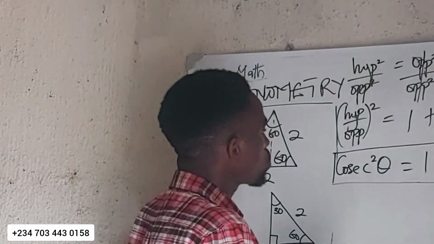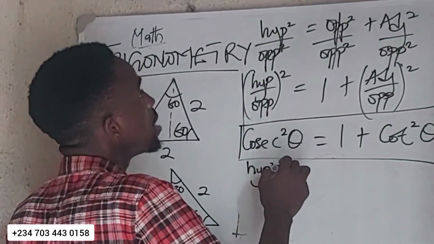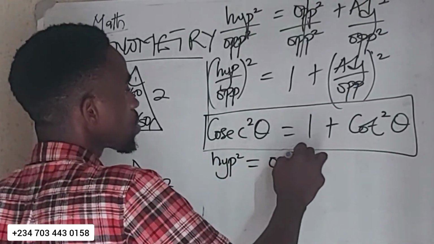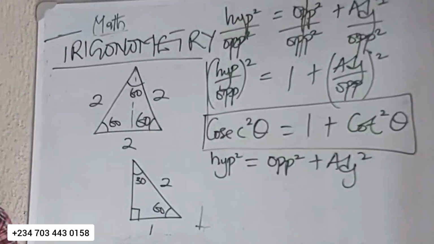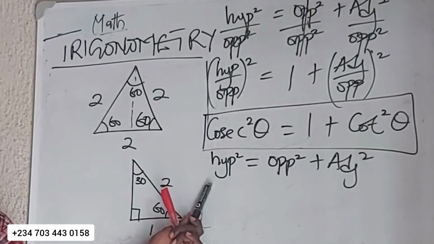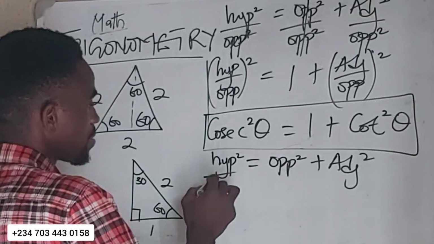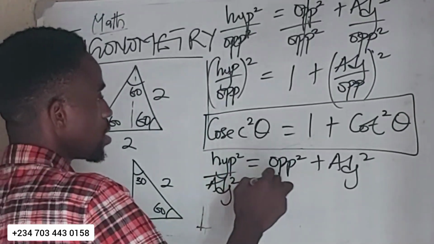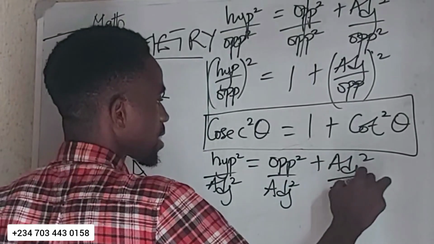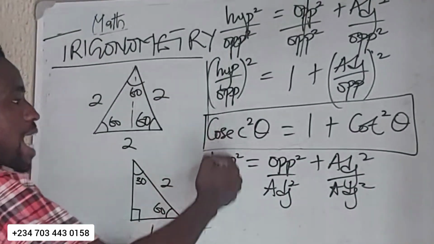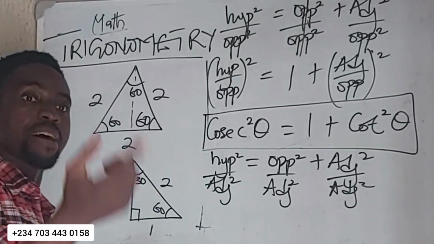Then we still go ahead. We can do similar modifications, remembering that hypotenuse squared is equal to opposite squared plus adjacent squared. So again, we divide through by adjacent squared. Hypotenuse over adjacent is secant, the inverse of cos.